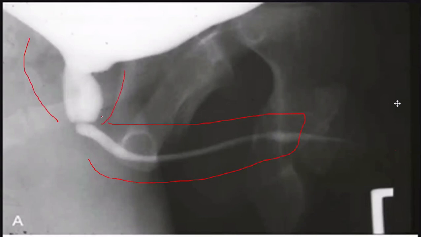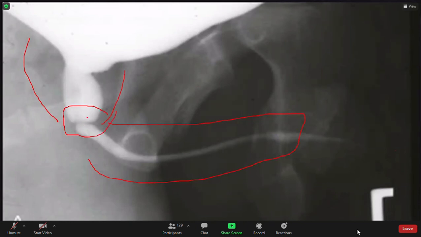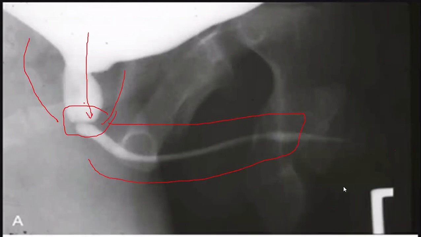Do you see this one, Dr. Carlo? A filling defect. That means to say that is the valve. Just imagine you will be obstructing the flow, so the urine will go back. So you will have a ureterovesical reflux.